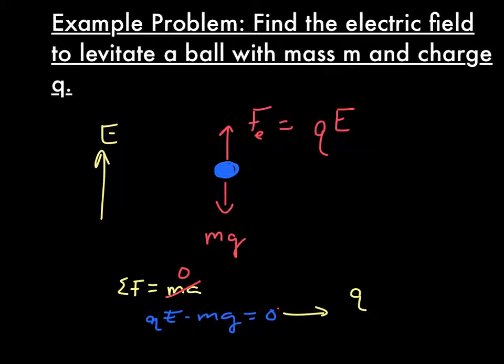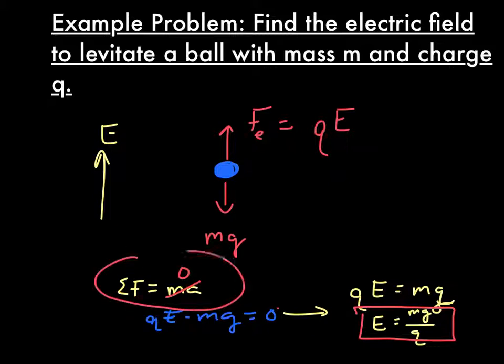Solving this, you get QE equals mg, or your electric field is equal to mg over q. This is just balancing the forces, but the important part of this is, A, always use Newton's laws and a nice draw-a-force-diagram, and B, sometimes you have to use this expression for the force caused by a particle in an electric field.